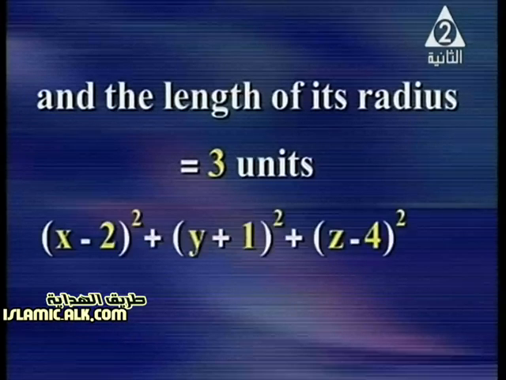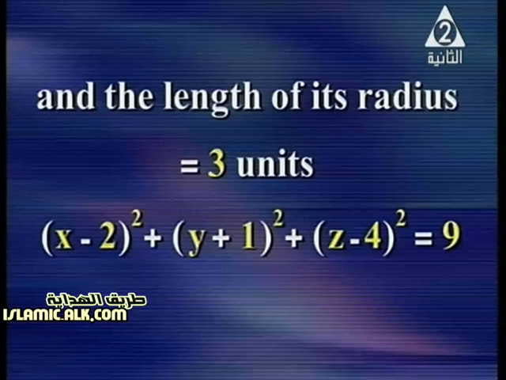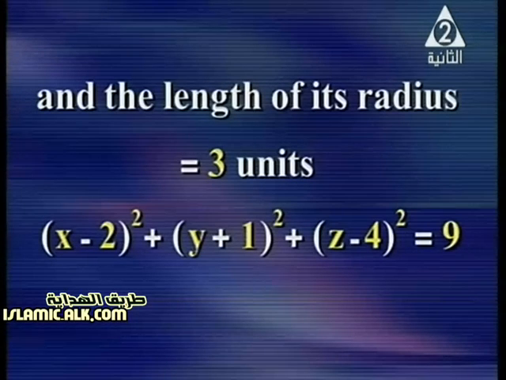Dear student, look at the general form of the equation of the sphere: (x minus 2) squared plus (y plus 1) squared. Why? Because y minus -1 becomes y plus 1. Plus (z minus 4) squared equals r to the power 2, or 3 to the power 2, which is 9.